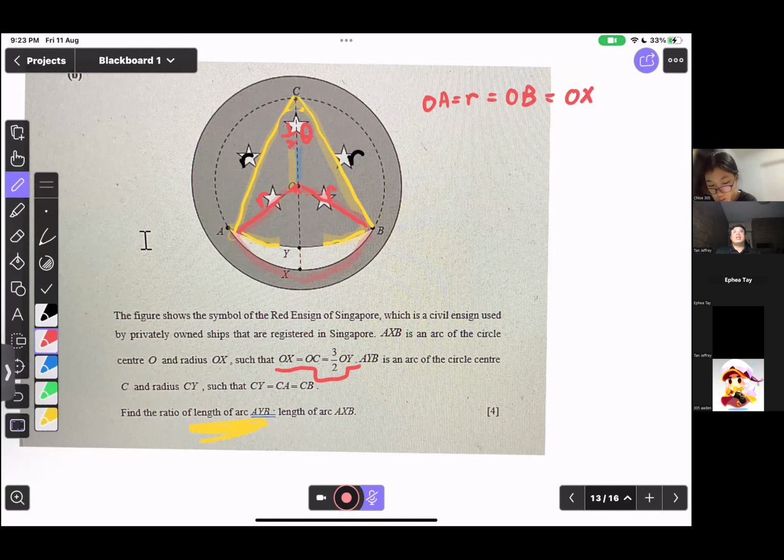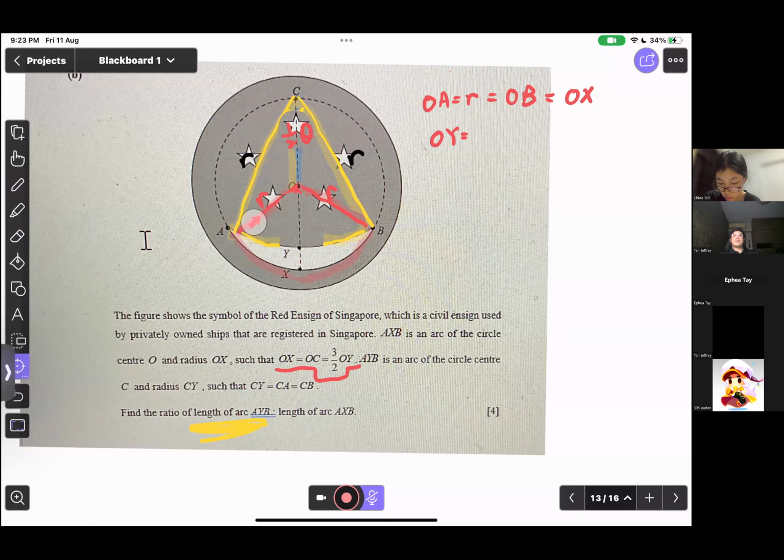So OA is R, OB is also R, OX is also R. What is OY? OY should be 2/3 of OX, which is 2/3 R.